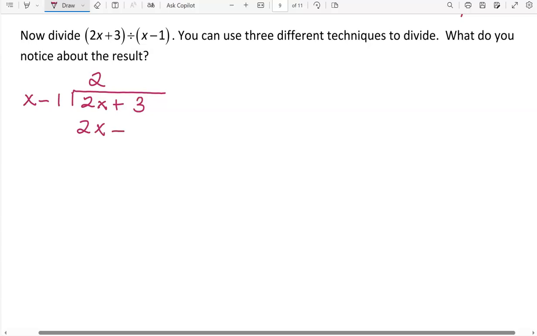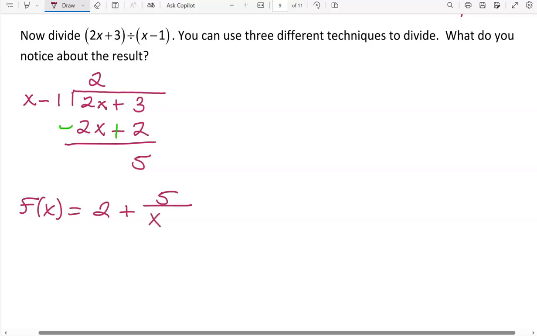So 2 times (x - 1) is 2x minus 2. Then rather than subtracting, we change the signs and add that. And that will give us 0 plus a remainder of 5. So what that means is our function f of x can be expressed as 2, the quotient, plus 5, the remainder, divided by (x - 1).